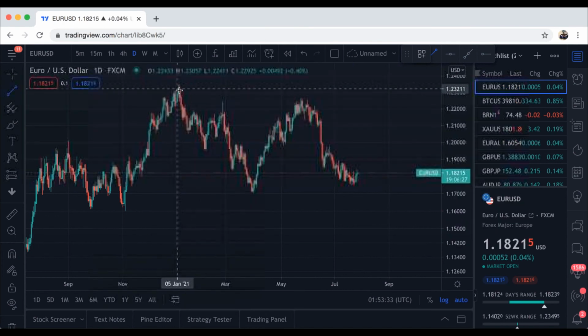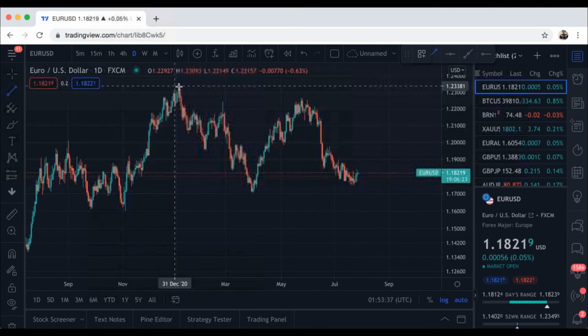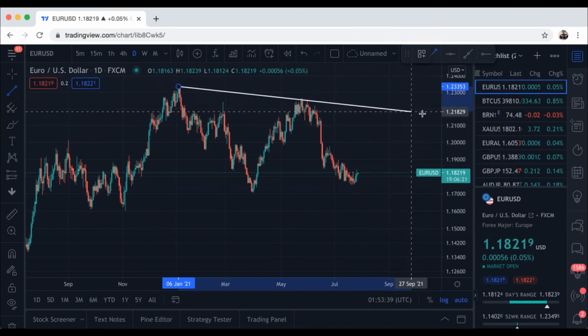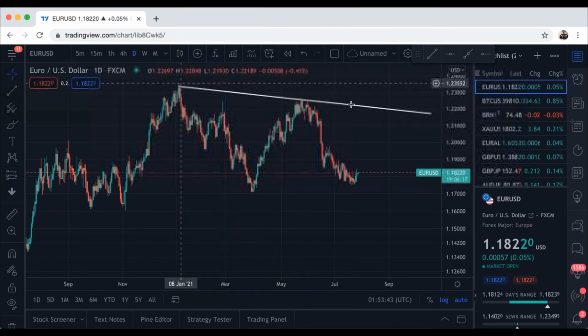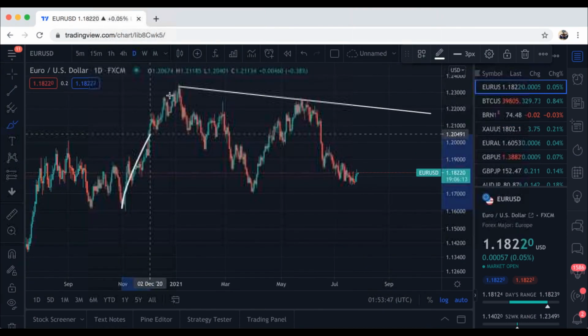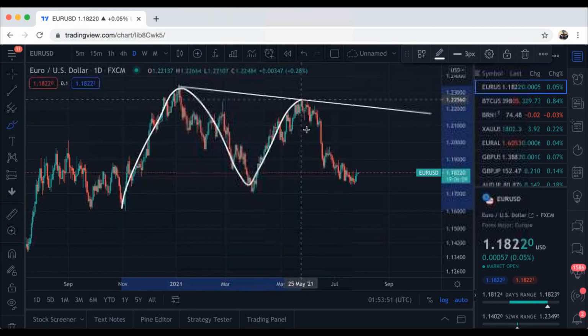If you look at this here, see how the market, when it reaches here, it comes down. See how the market, when it reaches here, it comes down. This right here is diagonal. So it's not perfectly to the side, but you can see it diagonally. See how the market, whenever it comes up to here like this, it does this. And see how it comes up here and does this.